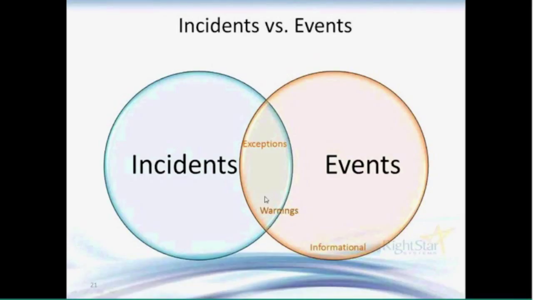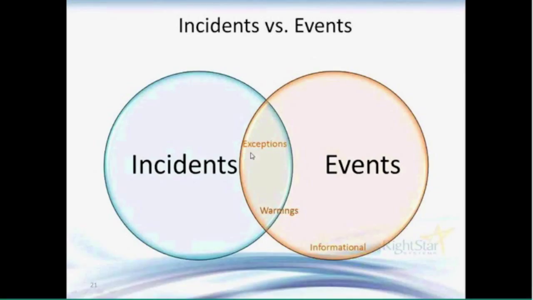Then you have warnings. So you may receive a warning that your mailbox is nearing the threshold. You may be reminded to clear out your mail items because you're running out of space. That may or may not be an incident and a reason for IT to investigate, but it's really those exceptions where there is that big overlap between incidents and events.